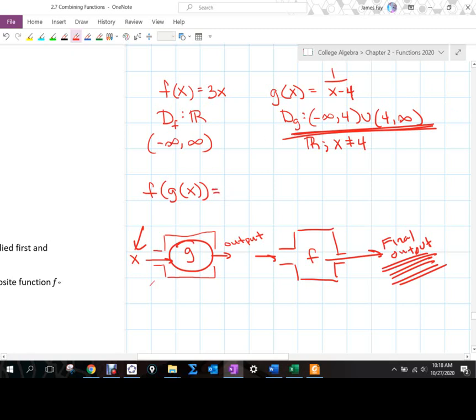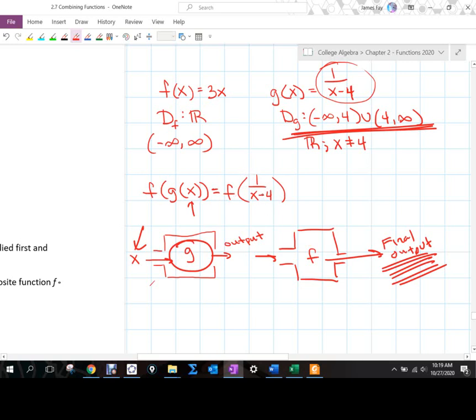So, in generating the rule, I'm going to take the x, I'm going to plug it into g, so it should give me that thing back, right? Okay, so that's that. Yesterday we kind of talked about that as being trivial, but it's going to rewrite this as f of 1 over x minus 4. Okay, so hopefully it makes sense that the only way that I can evaluate f, so if I chose 4, I would get 1 over 0, right?